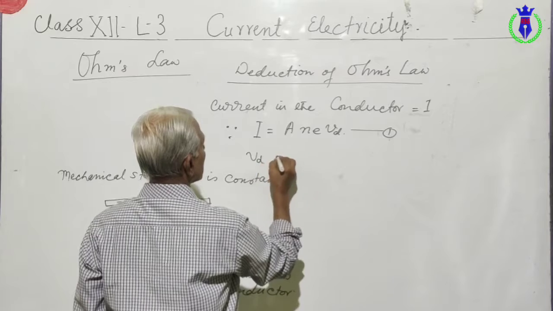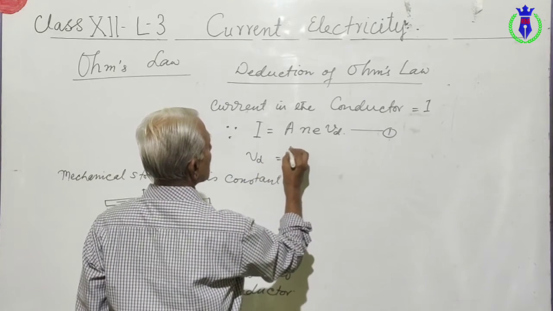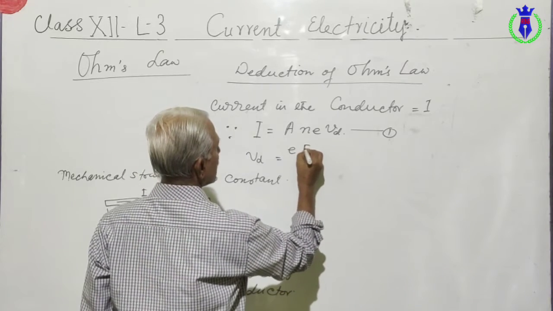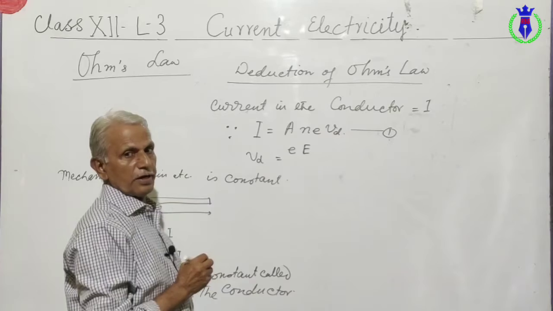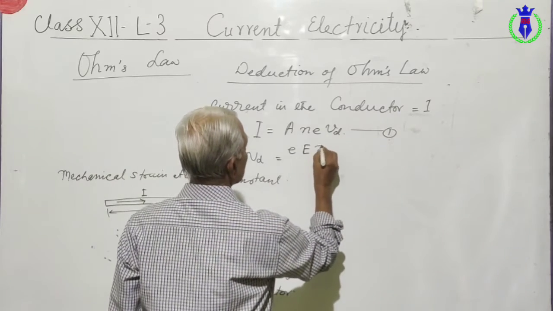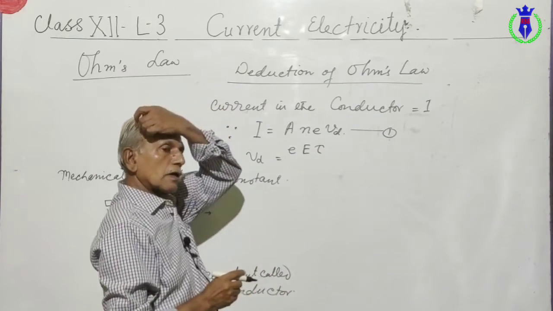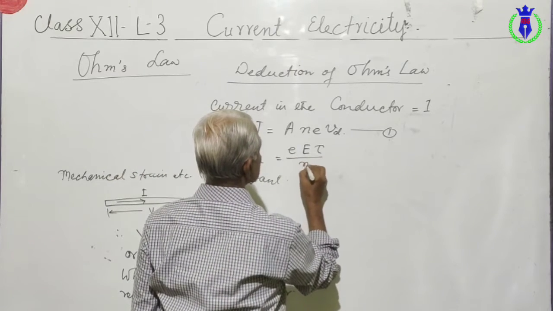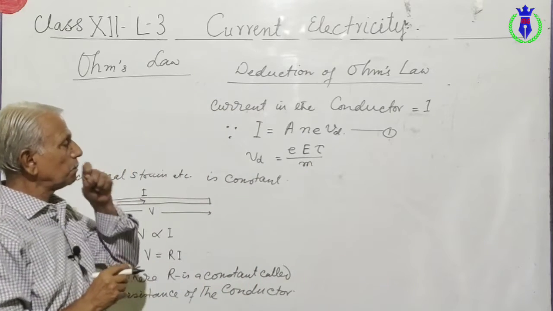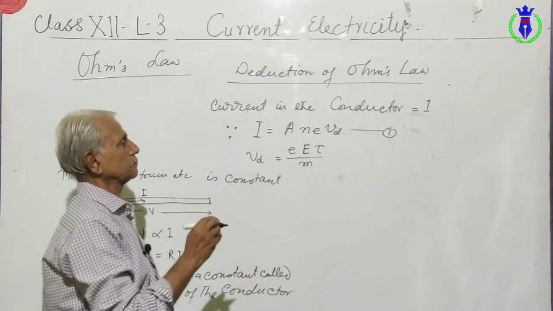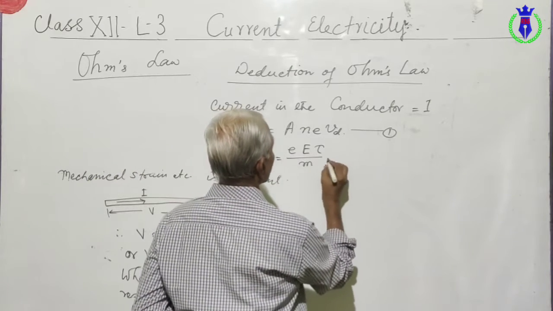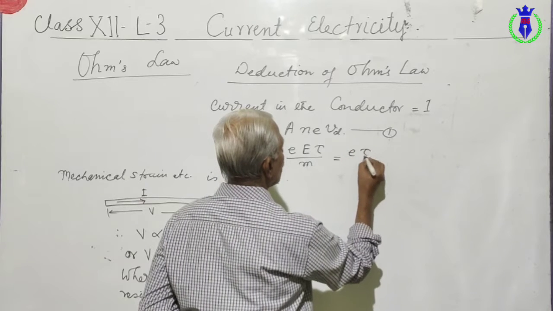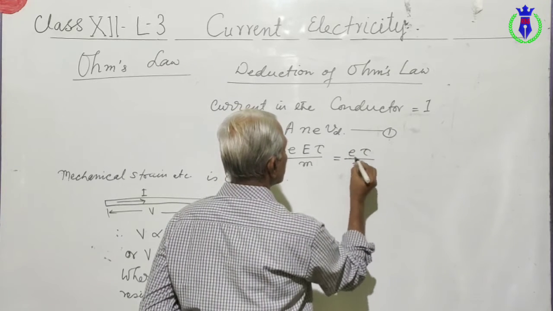Vd is equal to E, charge of the electron, E, electric field, tau, average relaxation time, and m, mass of the electron. This is equal to E tau upon m.